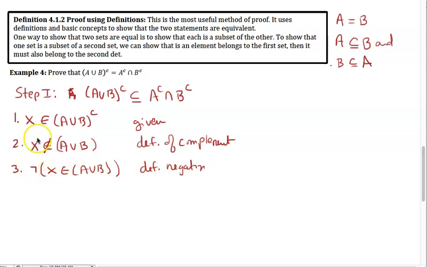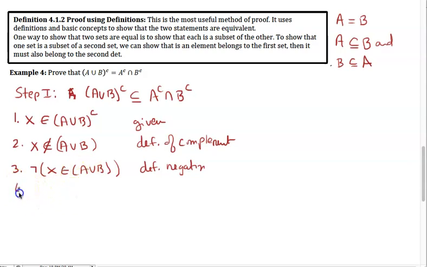Basically our goal here is to change sets to propositions, because we know how to work with propositions. So I just changed it to not P. If you think of this as a proposition P, then I changed this to not P. So all the propositional rules or laws now apply, which is kind of neat.